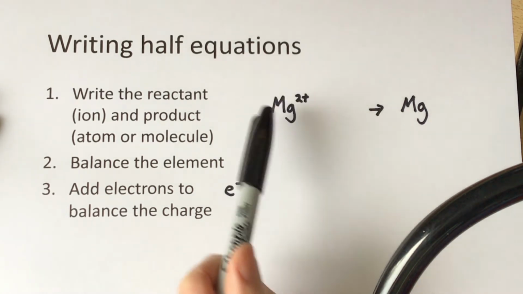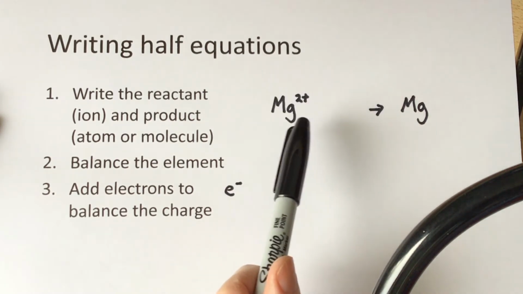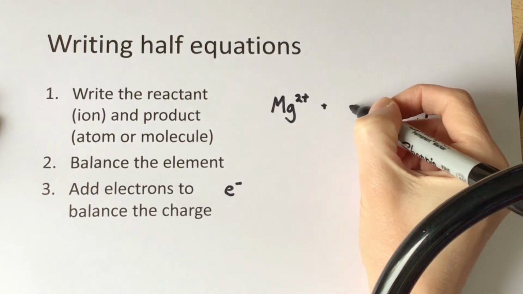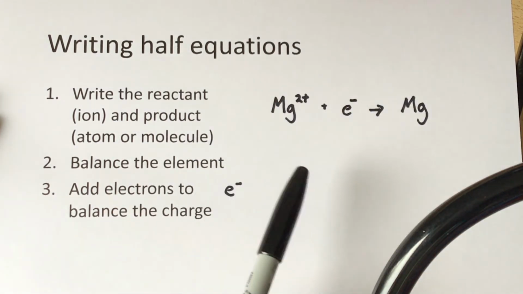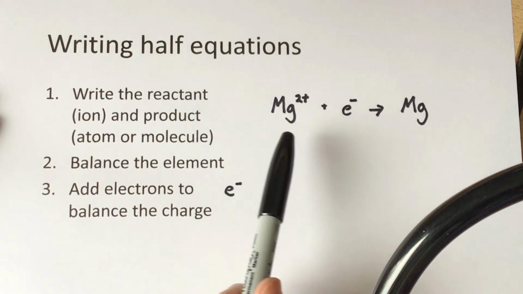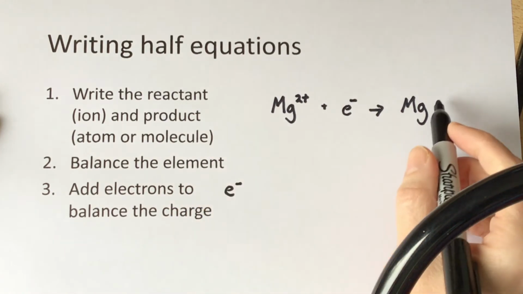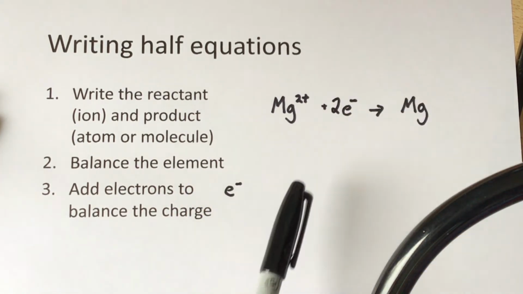In order to make both sides 0, we need to add some negatives to this side. So we know that this side is where our electrons need to be. And if we can see we've got 2+ charge here and no charge here, that means we need 2 electrons.